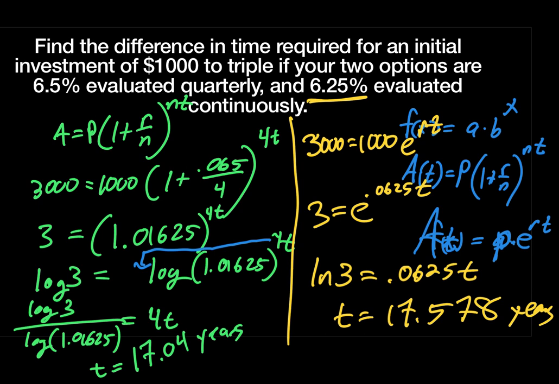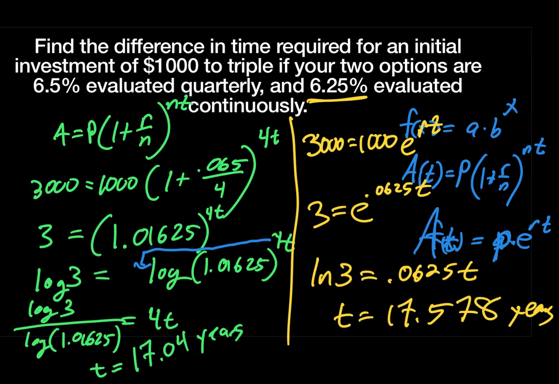But then the question asked, find the difference in time required. So at a lower interest rate, just subtract them there, a little over half a year. A little bit over a half a year difference.